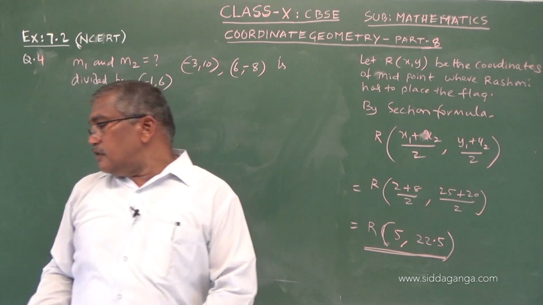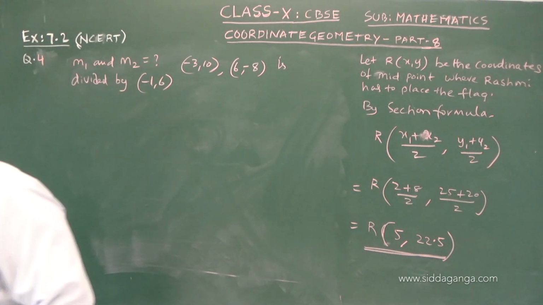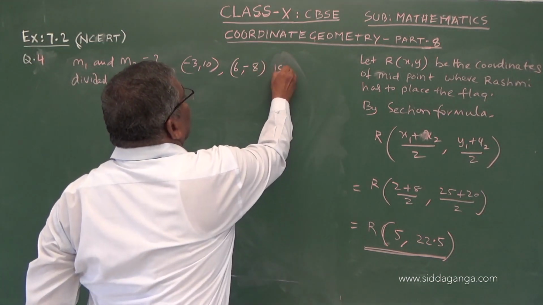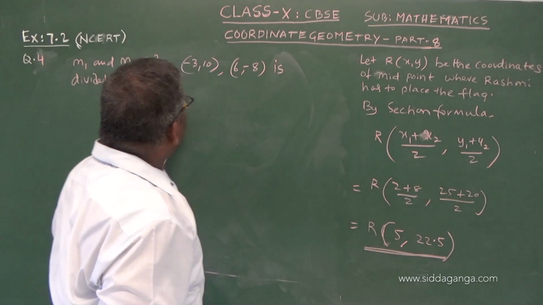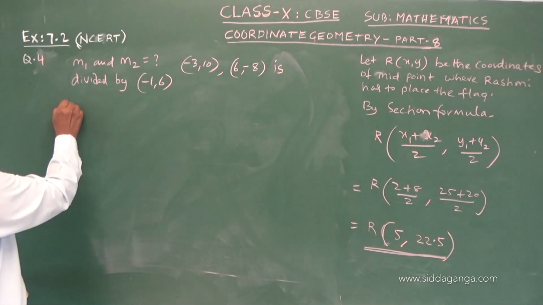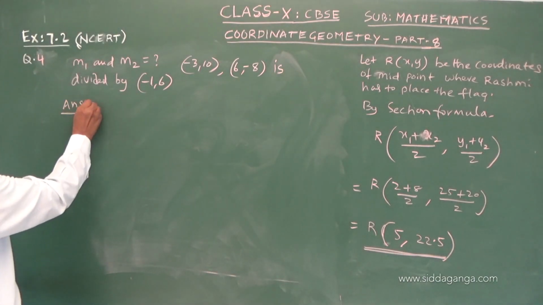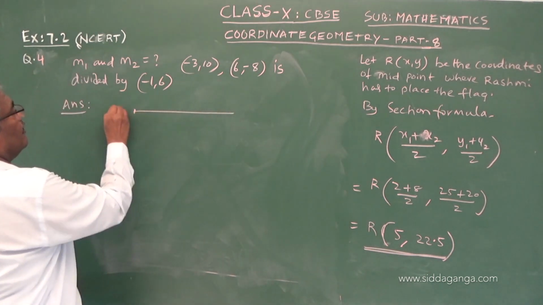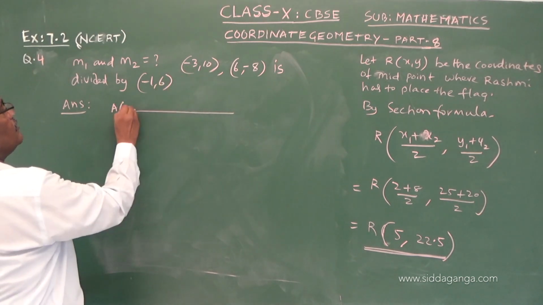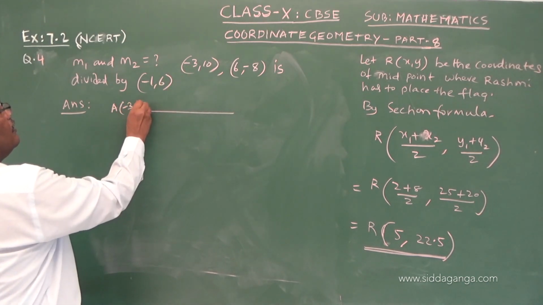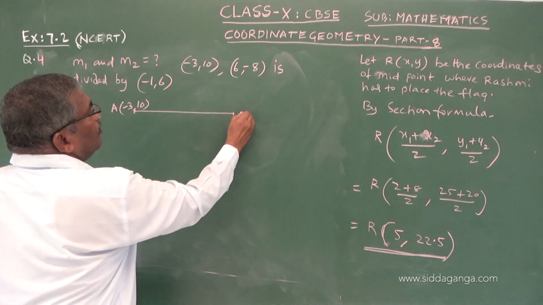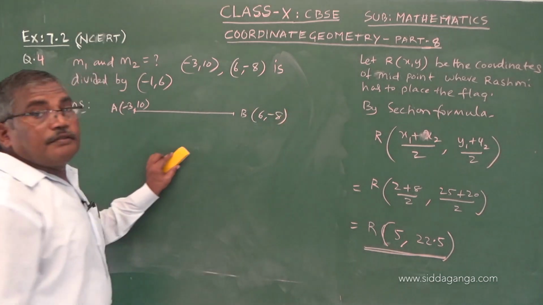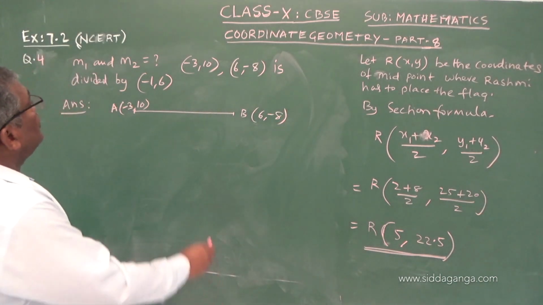First you understand this problem. In this problem, for the line AB, A coordinates are given, that is minus 3, 10, and B coordinates are given, that is 6, minus 8.